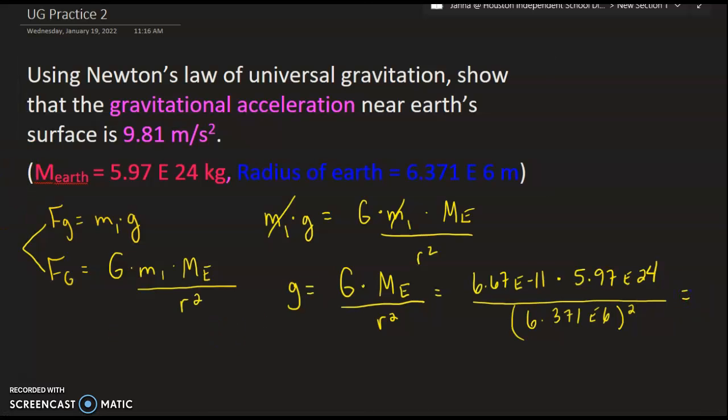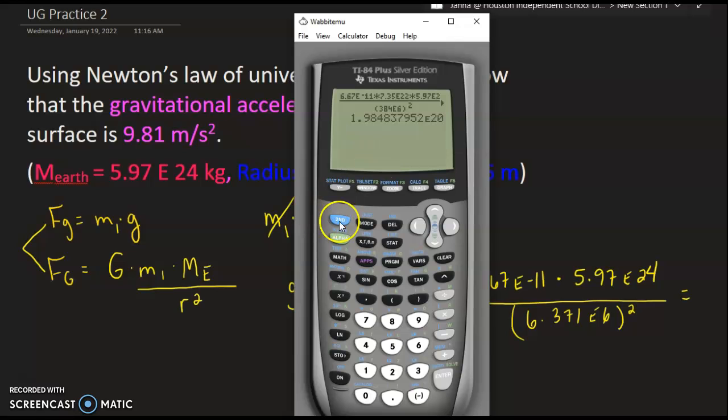If I grab the calculator, we'll plug this in: 6.67 E negative 11 times the mass of the Earth, 5.97 E 24, divided by 6.371 E6, squared, and we get 9.81.